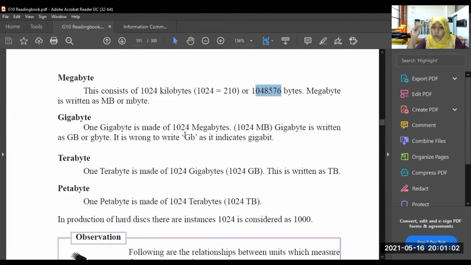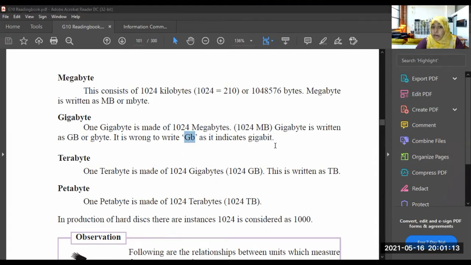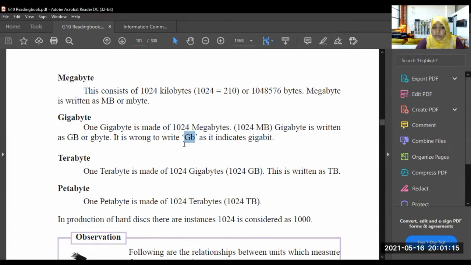It is wrong to write it with a small b, as it indicates gigabit, not gigabyte. Because it is gigabyte, we can't write gigabit, okay? If we write like this, it means gigabit, not byte. If you want to write it as gigabyte, you should write the B in capital.